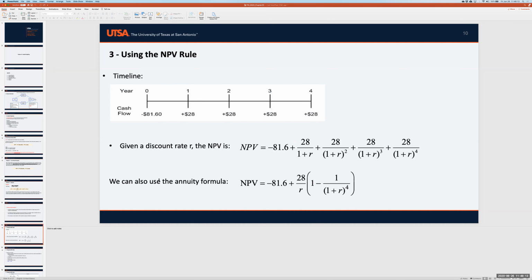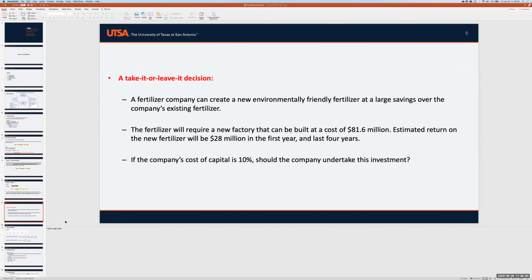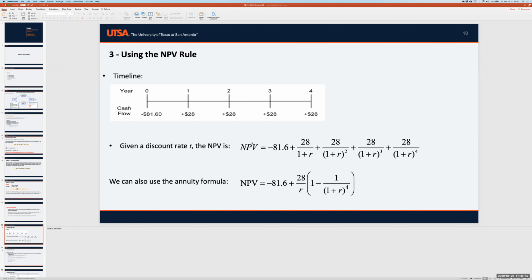So we look at the $28 million cash inflows for this investment, and you need to invest $81.6 million right now, today, time 0, and you'll get this amount of money. So we simply discount the cash flows at the rate of 10. Yes, cost of capital is 10, and find the net present value.